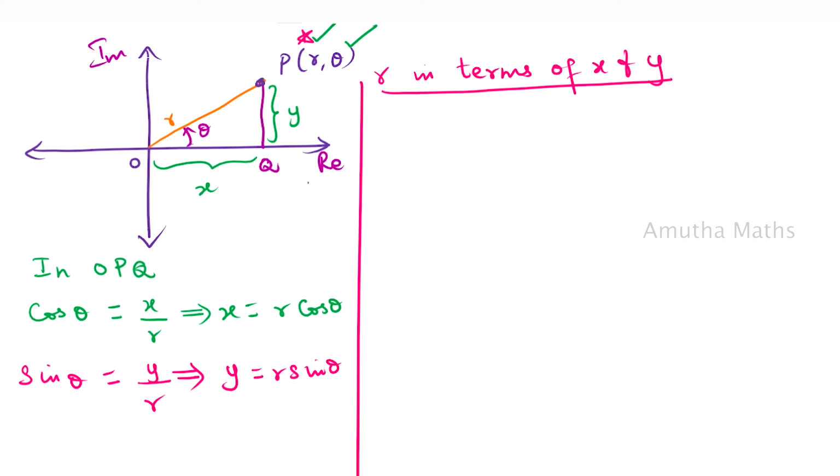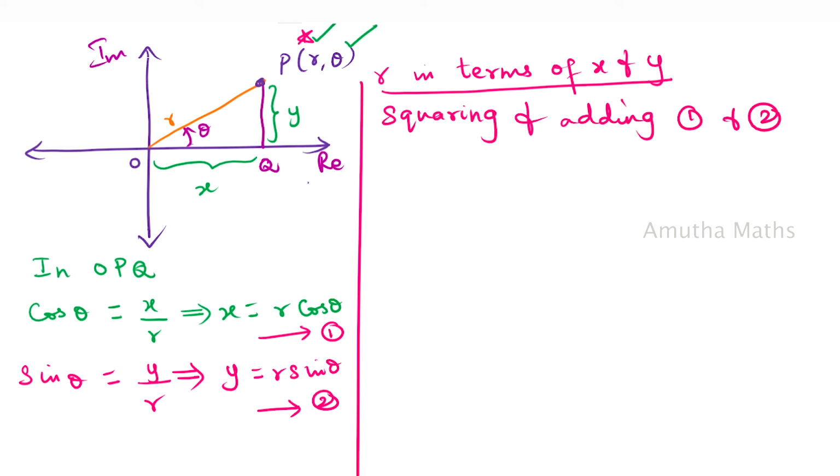So let us take this equation as first equation and this equation as second equation. Now squaring and adding first and second equation. If you square the first equation, you get x square is equal to r square cos square theta, and if you square the second equation, y square is equal to r square sin square theta.